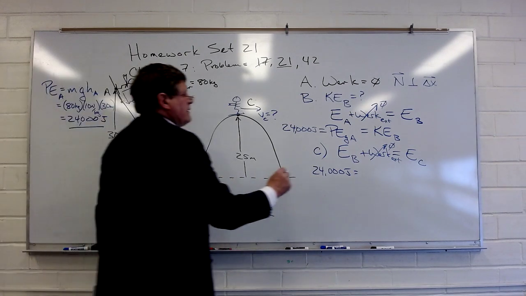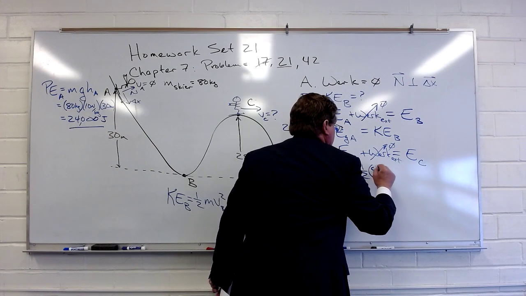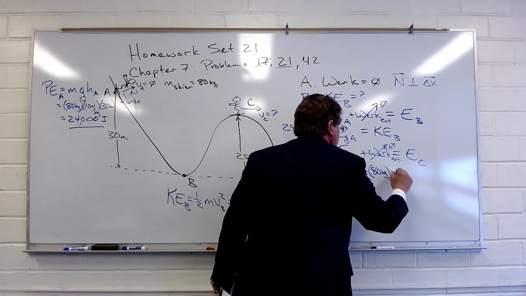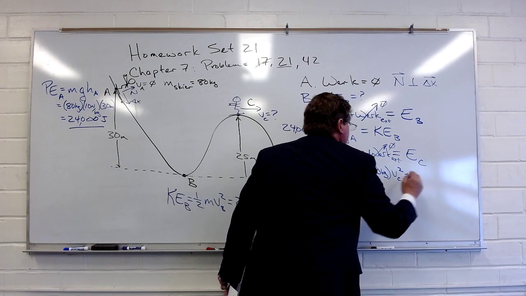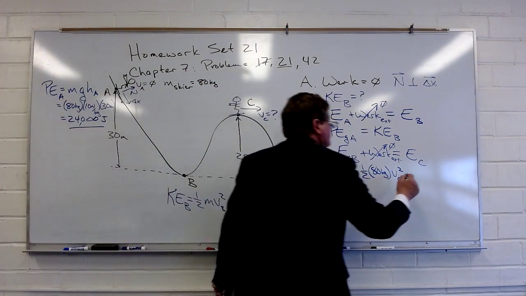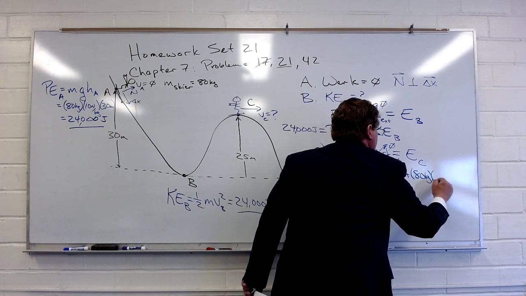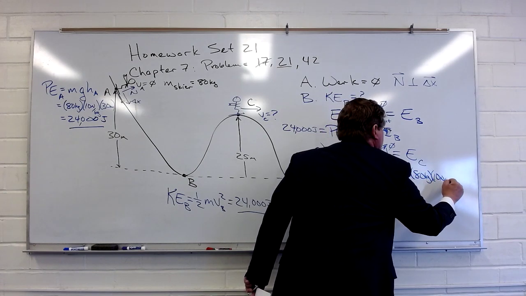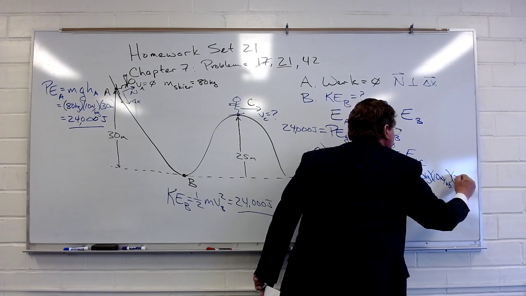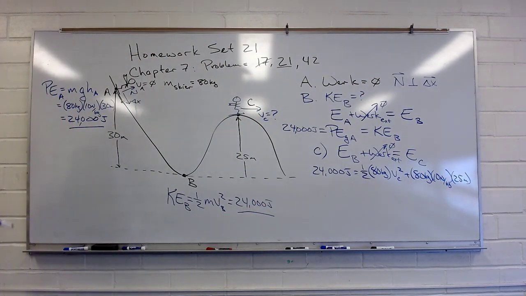Because she's moving, I've got kinetic energy, and because she's up off the floor, she has gravitational energy. That's going to be 80 kilograms times g, 10 newtons for each kilogram, times the height of 25 meters. And now I just need to solve for that speed.